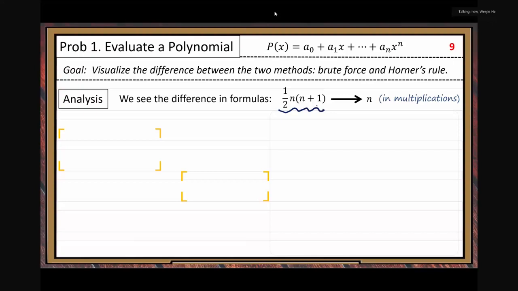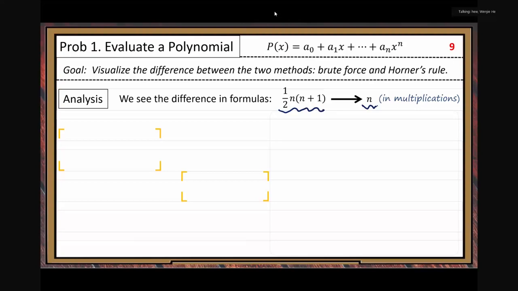The first is a quadratic polynomial, degree 2. The second expression, n, is a linear polynomial.